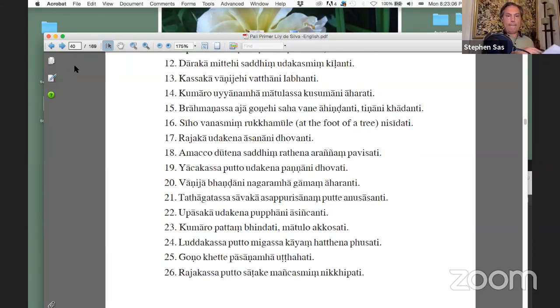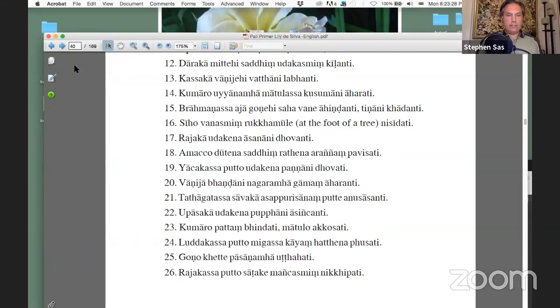Vanija bandani nagarangha gamang aharanti. Okay. So I translated it as the merchants bring goods from the city to the village.